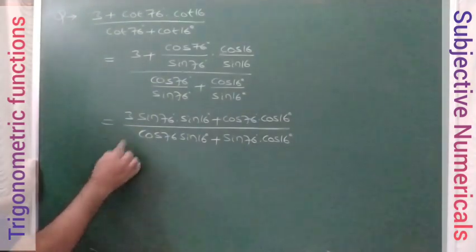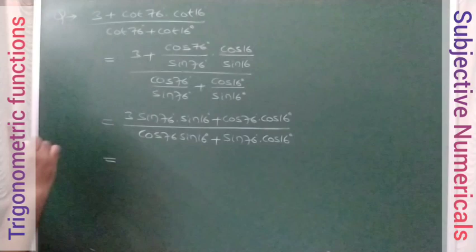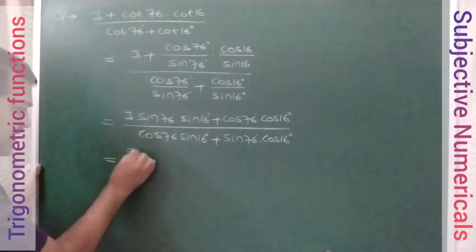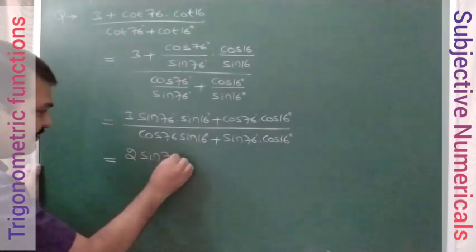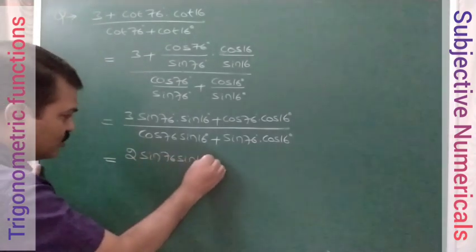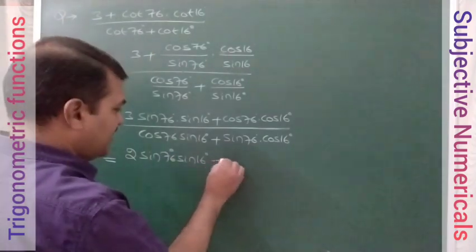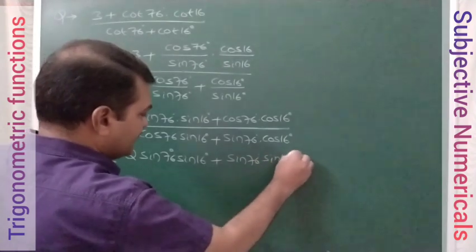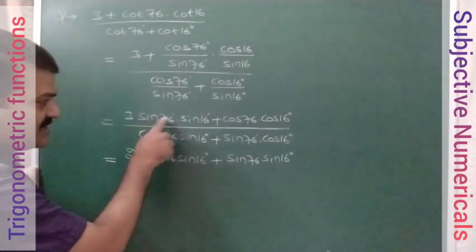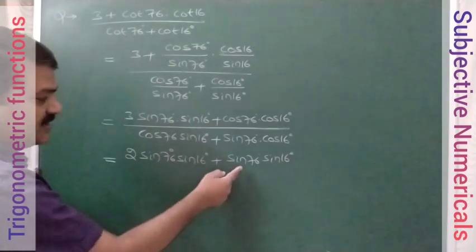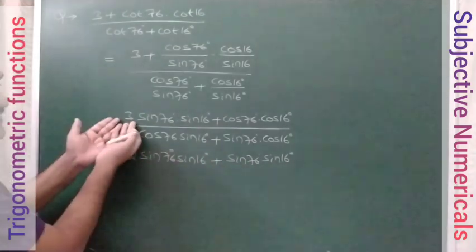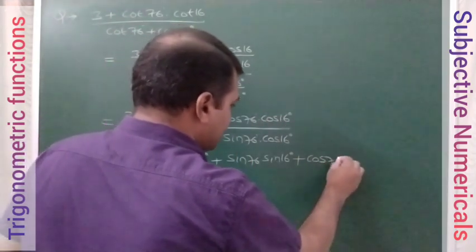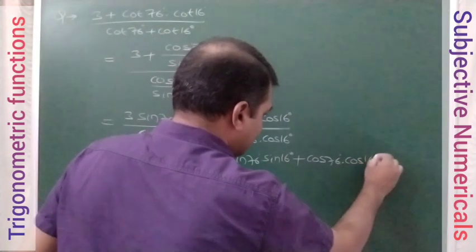So now let me split this numerator to get the formulas as 3 sine 76 sine 16. I am splitting the first term as 2 sine 76 sine 16 plus sine 76 sine 16. So you can see 3 sine 76 sine 16 is split like this. When you add these two, obviously you will get this first term only, plus last term cos 76 into cos 16 as it is.